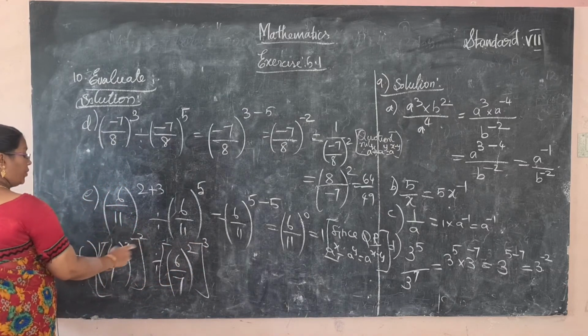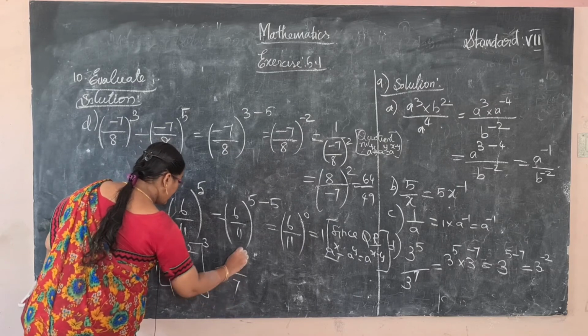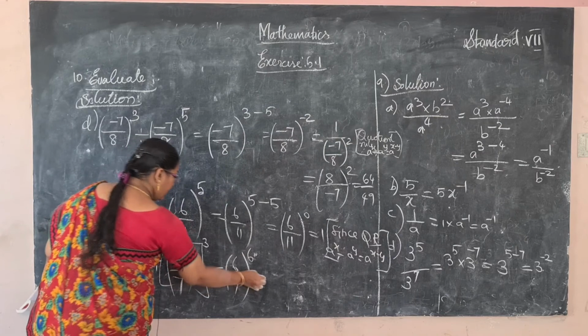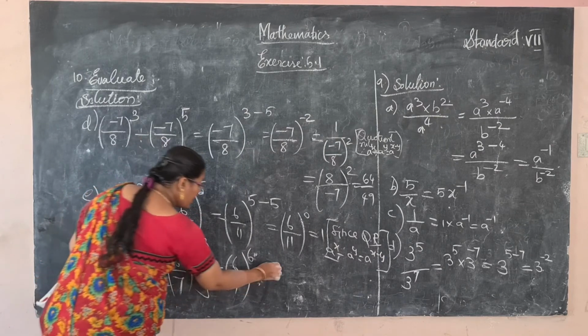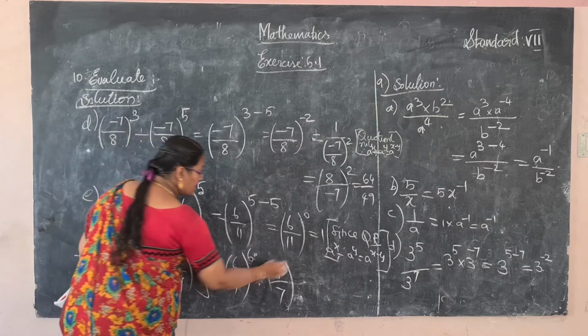So here we have applied the power of power rule. 3 twos are 6, 6 by 7 power 6, and 2 threes are 6.